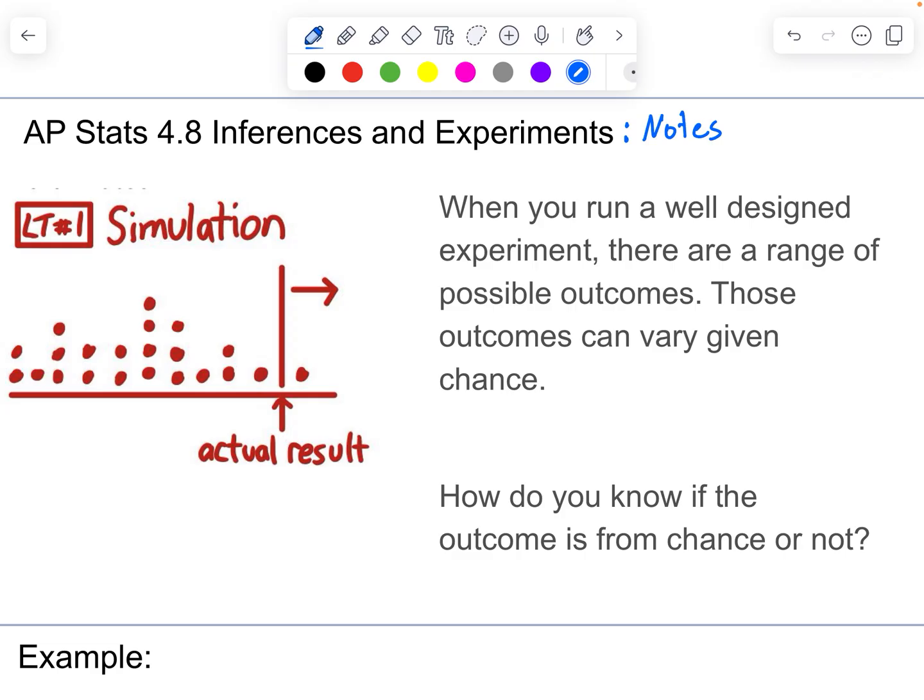In looking at this, we're looking at when you run a well-designed experiment, how can you tell if the outcome is from chance or if it's from a change affected by the treatment?